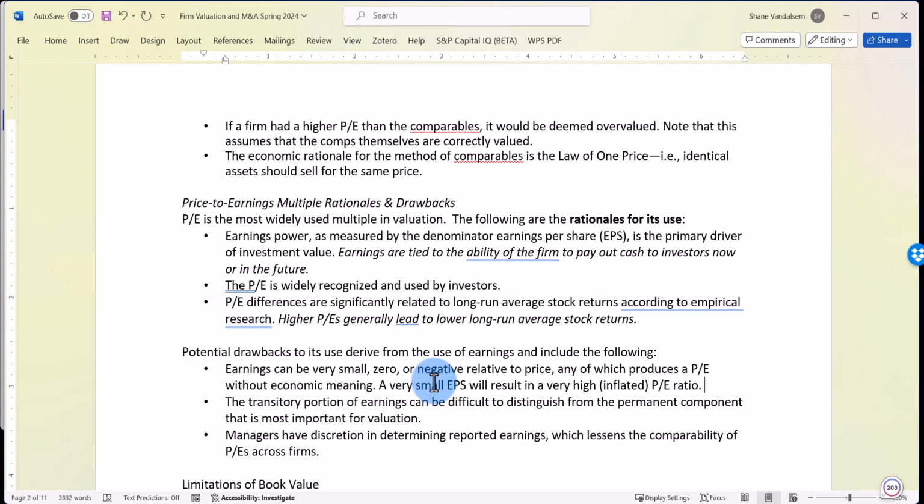A value of 0 for earnings per share would result in, we take a price divided by 0, it's undefined.